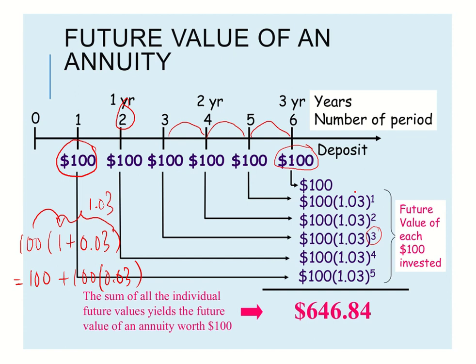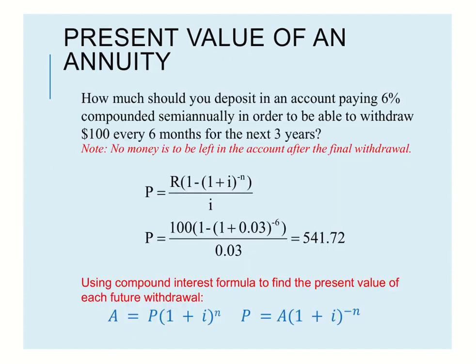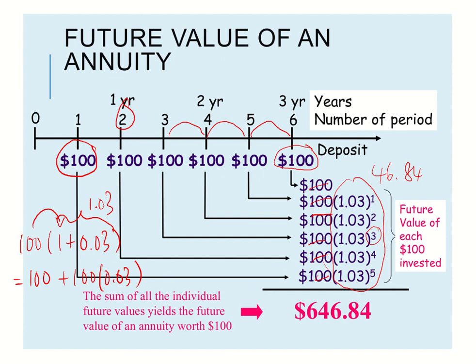Now when we calculate this and sum all of this, we have 600, and the interest here will give us $46.84. So this is what actually happened. However, this slide is to explain the process.